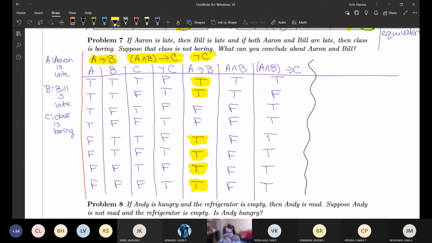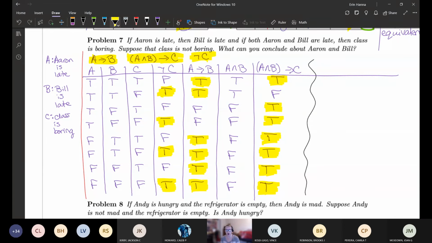And then we want to look at that A and B implies C. There's lots of trues there. Or you could take the time to find where they're all true and just box those, but I feel like taking them separately is a bit easier. And then we need the not C to be true.